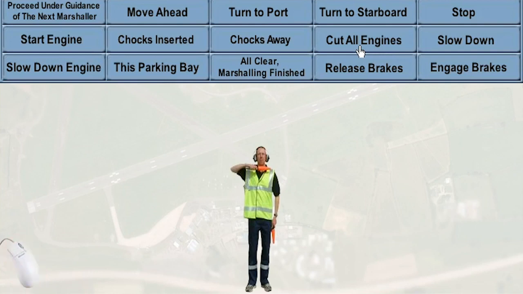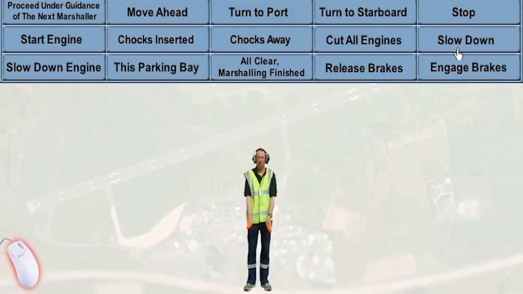A throat-cutting movement. Arms placed with the palms towards the ground, then moved up and down several times. Arms placed down, with palms towards the ground, then either arm moved up and down several times. The engine on the same side as the moving arm is the one to be slowed.